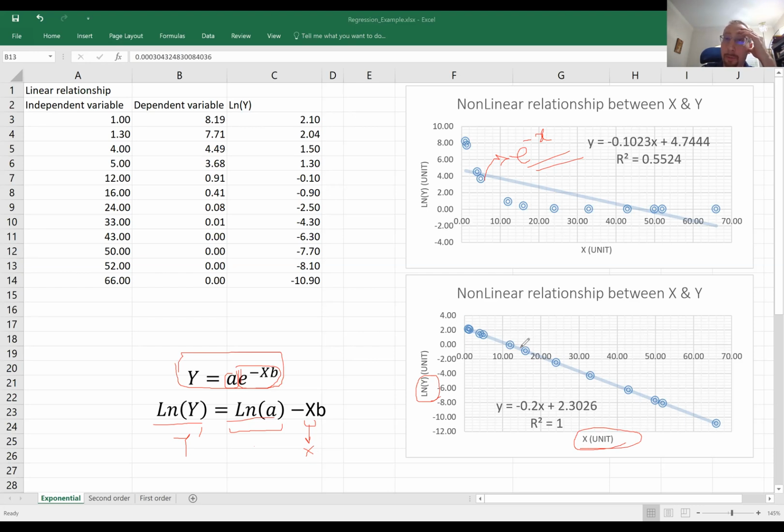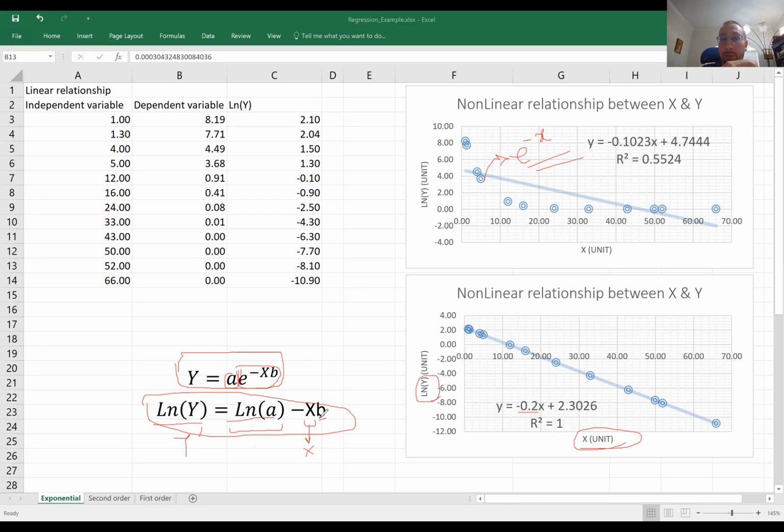And the slope of this line is what? The slope of this line is minus 0.2. What is this? Is it a? Is it b? It's B, right? Exactly. Because the relationship suggests a linear relationship between the natural log of y and x with a slope of minus b.